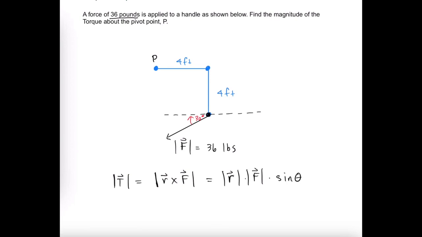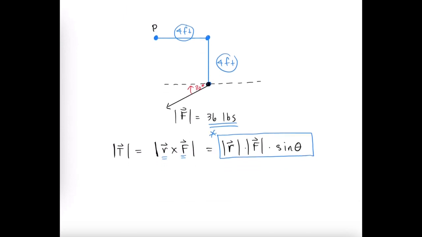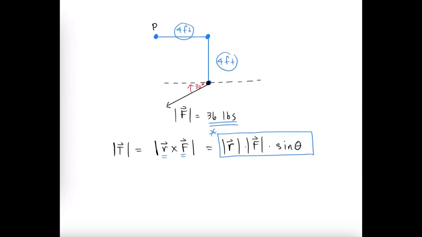And based on the fact that we are given distances, lengths, and magnitudes of the force vector, my intuition is telling me that we will likely prefer to use this one instead of trying to find the components of R, the components of F, and then cross-producting those two vectors. The setup is going to lend itself more closely to this second way of calculating the magnitude of the torque vector.